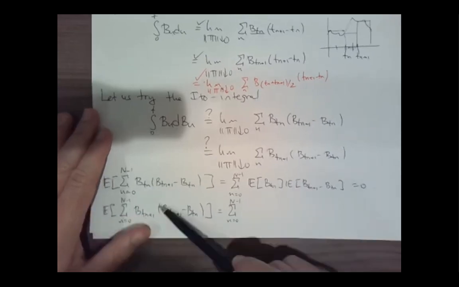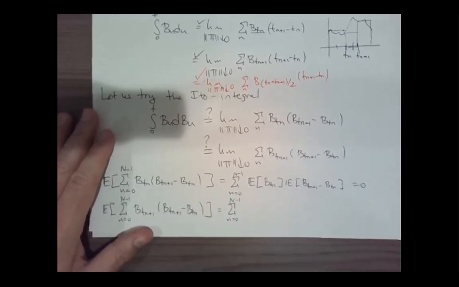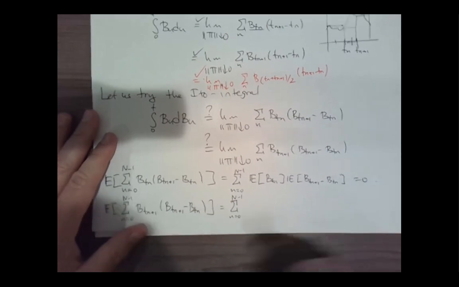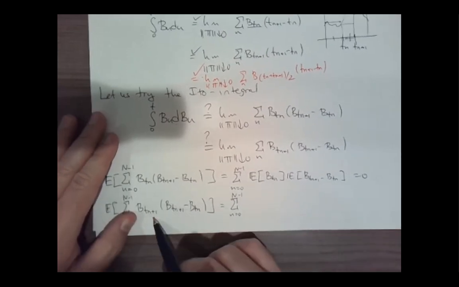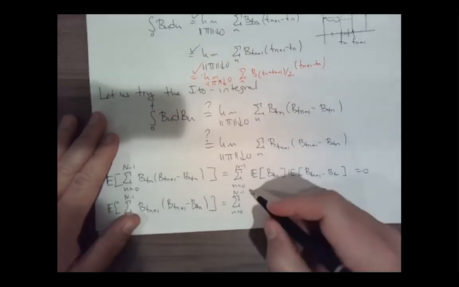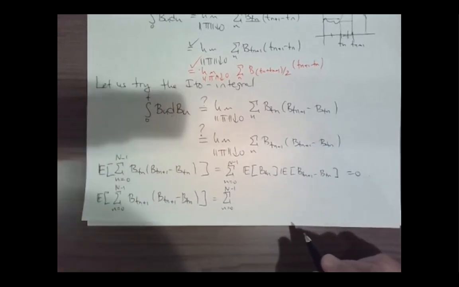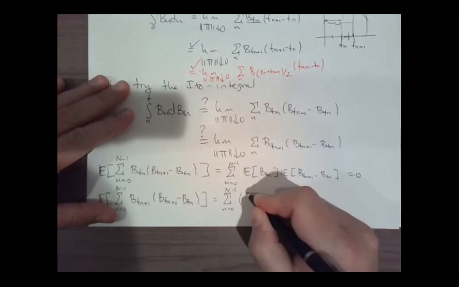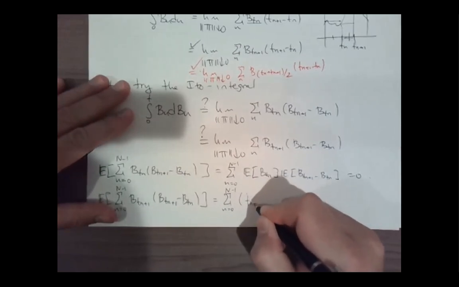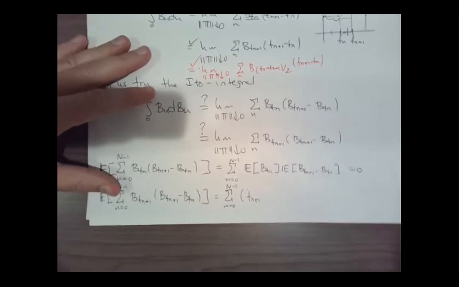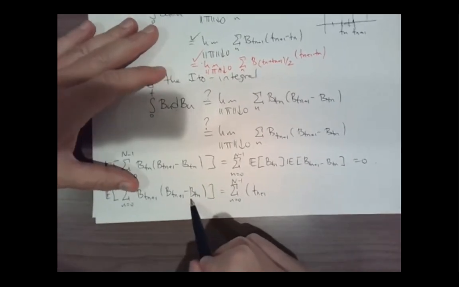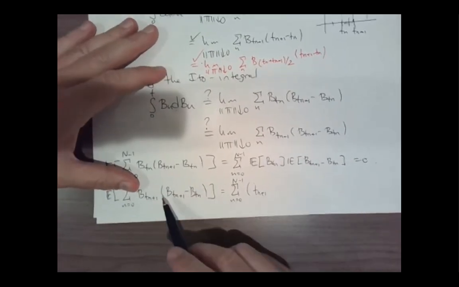We figured out what the first one is, but we are missing the second one. Can we try to compute what this is? The first term you'll get is what? It'll be B_{t_{n+1}} squared. What is the expectation of that thing? That is t_{n+1}. Yes. But now what about the other one? The covariance between B_{t_n} and B_{t_{n+1}}.